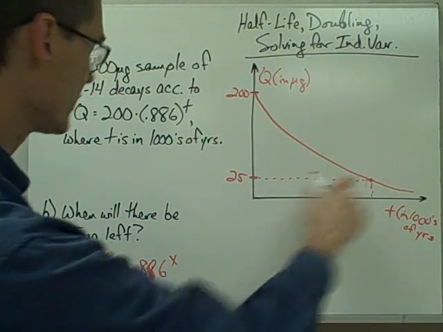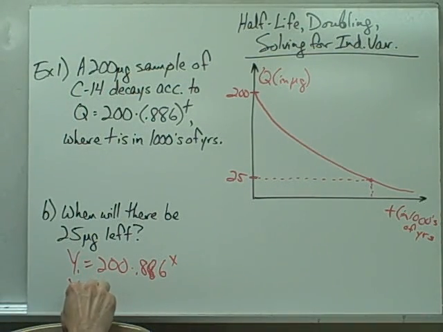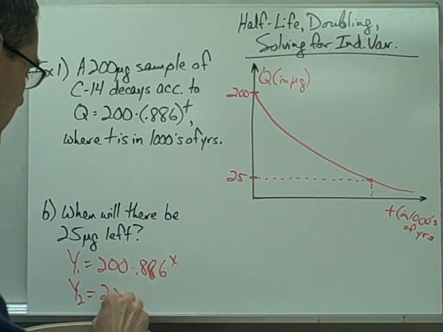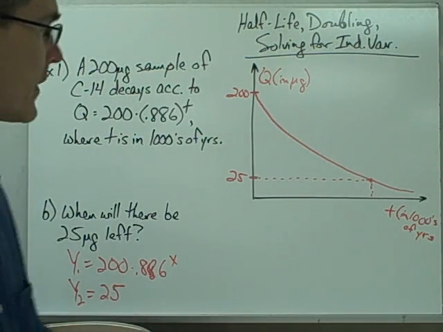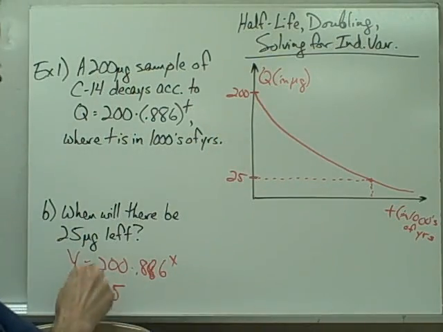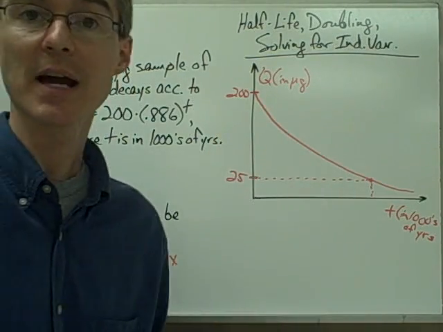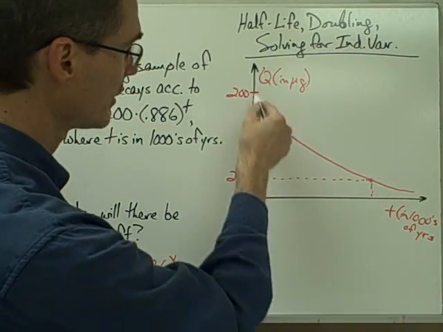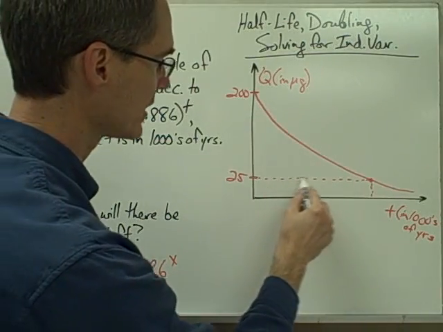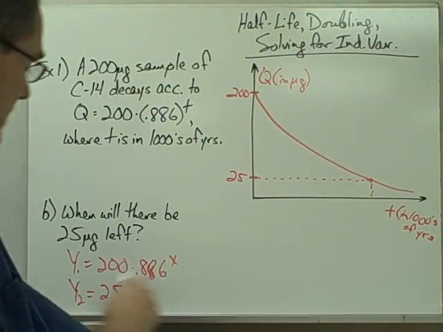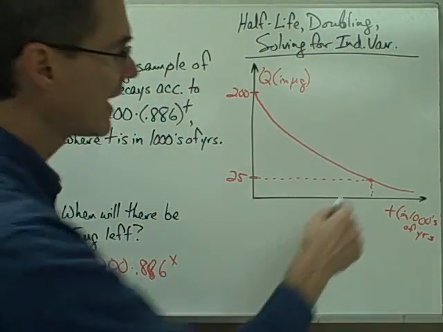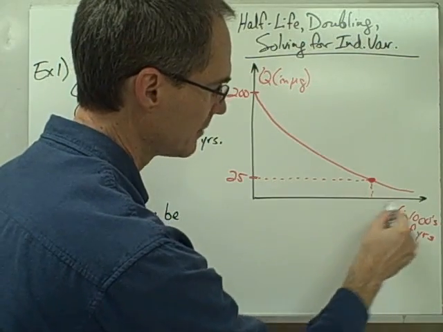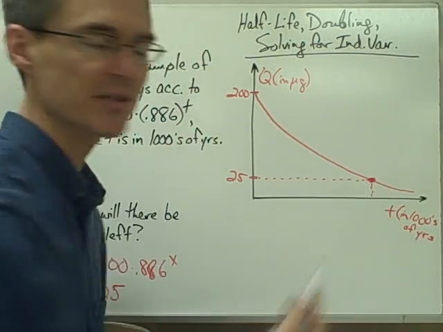And then I'm going to enter into y2 just this constant value of 25. Now, when I graph both of these on the same set of axes in my graphing calculator, I get a graph that looks something like this. Here's my exponential function, and here is a straight line that represents basically y equals 25. And I want to know what is the value of t, my independent variable, at this intersection point.